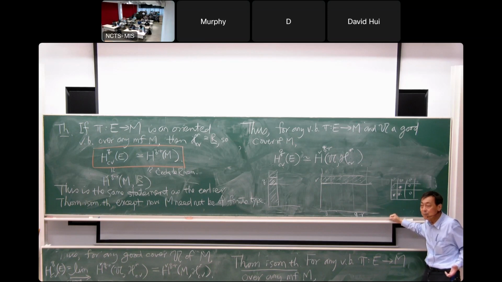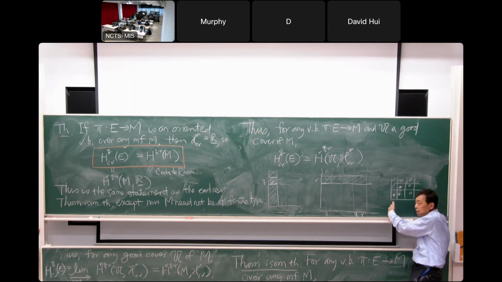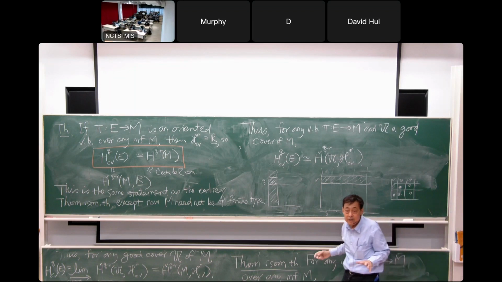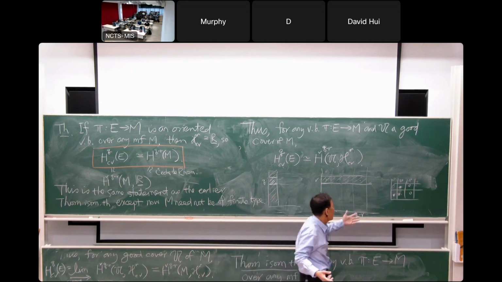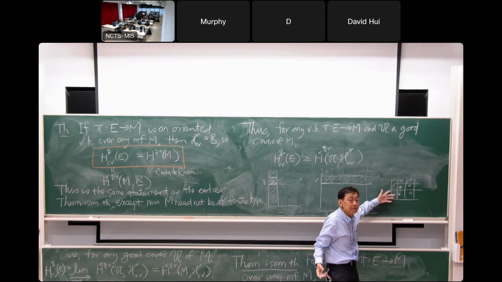Okay? But with spectral sequences, you can calculate further, and that will give you the cohomology of the complex projective space. Now, without spectral sequences, because this is a relatively simple picture, you can use the same technique that we have been using for double complexes to prove the theorem.